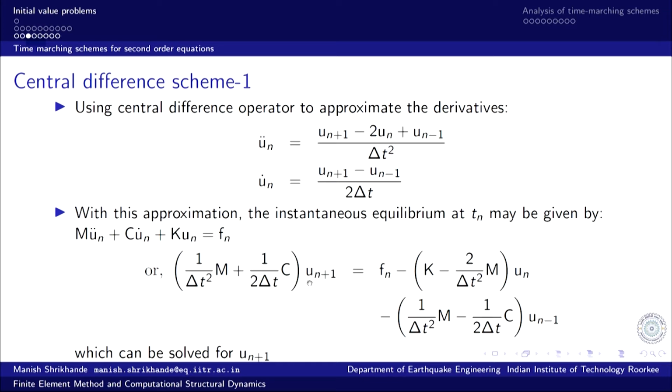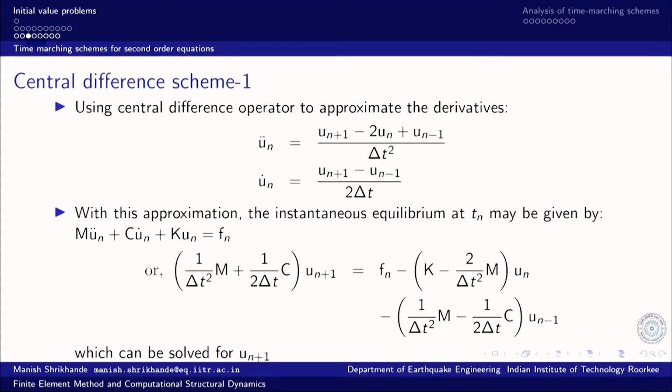And this can be solved as a linear simultaneous equation at the current time instant to find out what is going to be the displacement at the n plus 1th time instant. And again this method is explicit, it involves only the information about the current and previous time instants, and the solution can proceed in time very quickly.